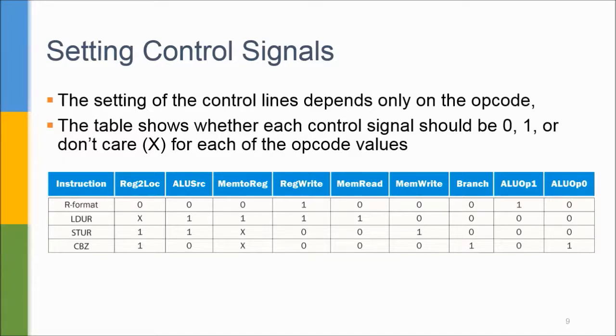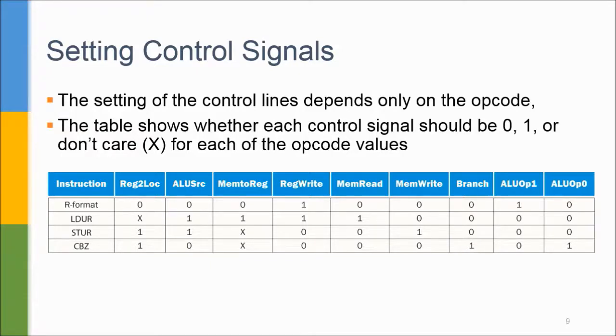Notice that the memory to REG field is irrelevant when the REG write signal is 0. Since the register is not being written, the value of the data on the register write data port is not used. So the memory to REG entry in the last two rows of the table is replaced with X, which means don't care.